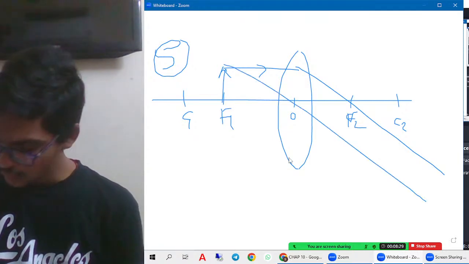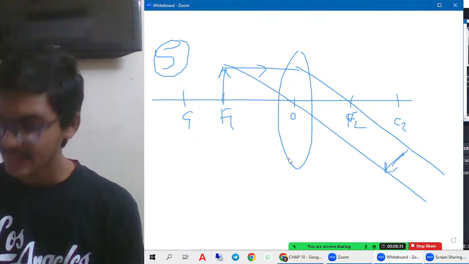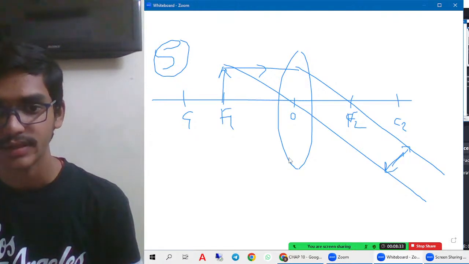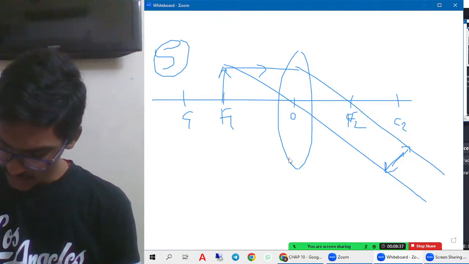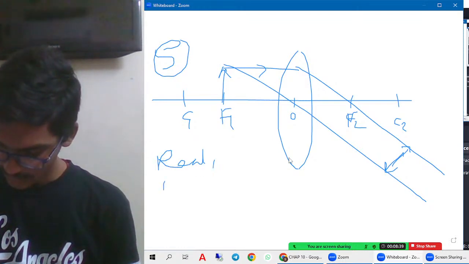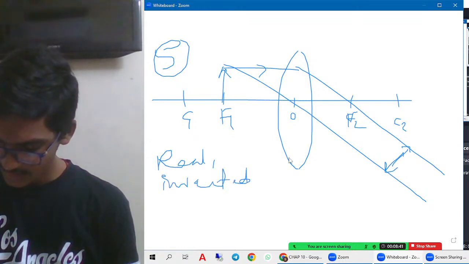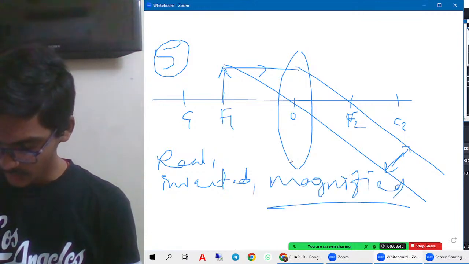If you see, these both lines are parallel to each other, which means they'll never meet at a point. Therefore, the image is formed at infinity. It is real, inverted, and highly magnified or highly enlarged. Okay, these are the points.